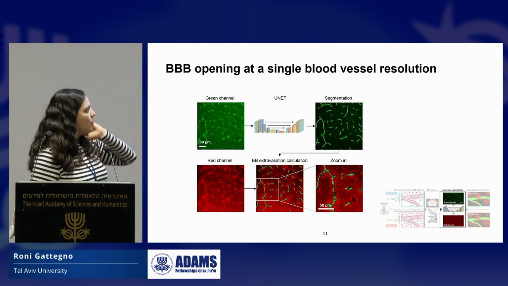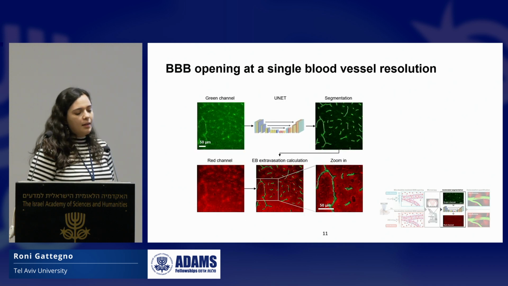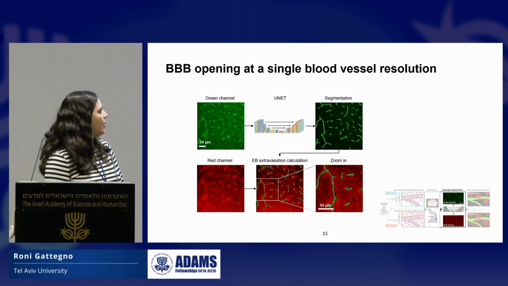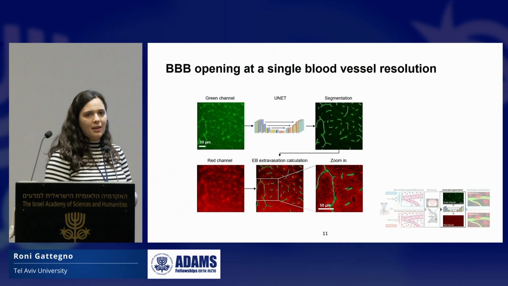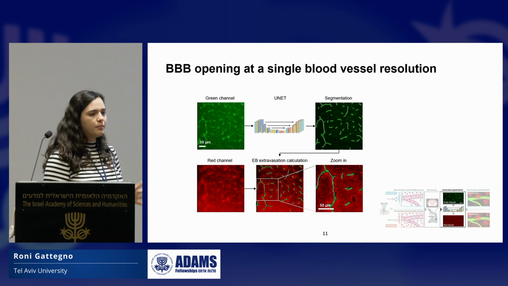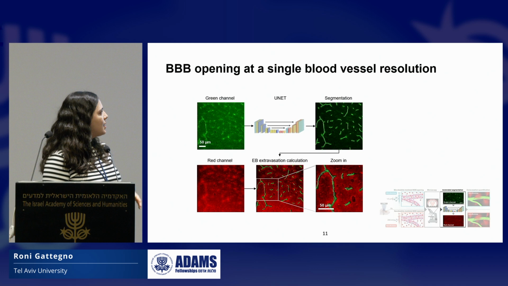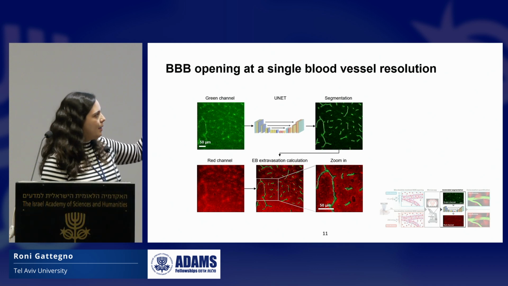Okay, so regarding the calculation, I'm not going to talk about all the process due to time constraints, but really shortly. As I said, we created a sort of mask of the locations according to the green channel.